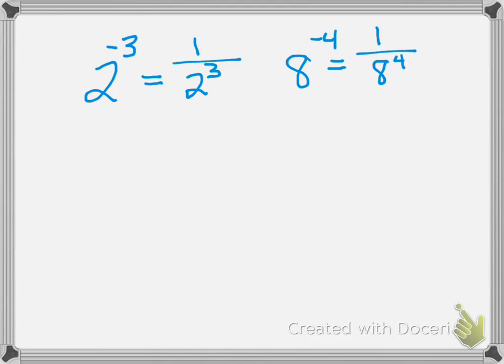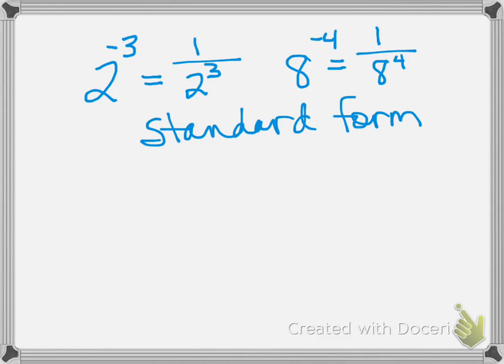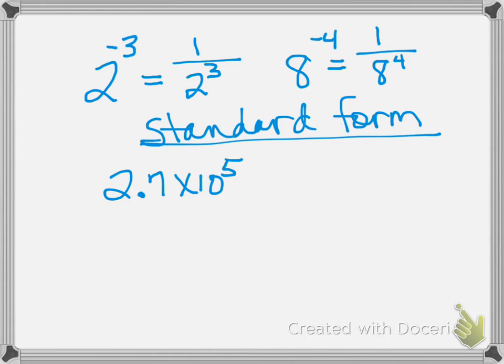Moving on to scientific notation, if you had to write in standard form, that is just writing a number like a regular number. So let's say we had 2.7 times 10 to the fifth power. What that would involve is taking 2.7 and moving the decimal 5 places.